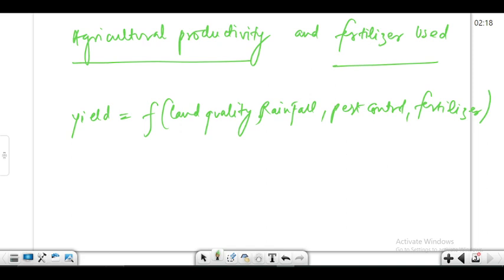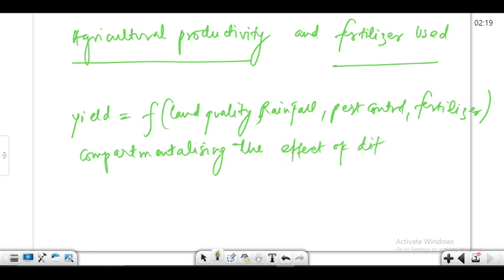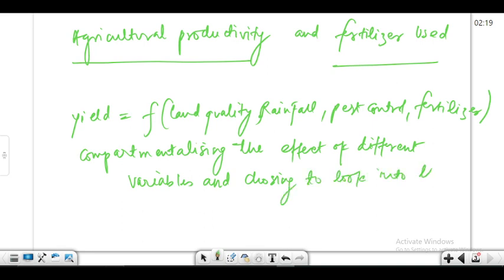So we are in a way compartmentalizing the effect of different variables and choosing to look into the effect of our variable of interest.